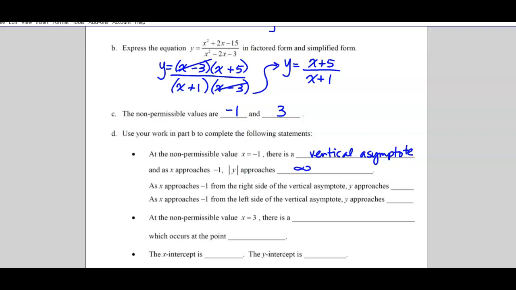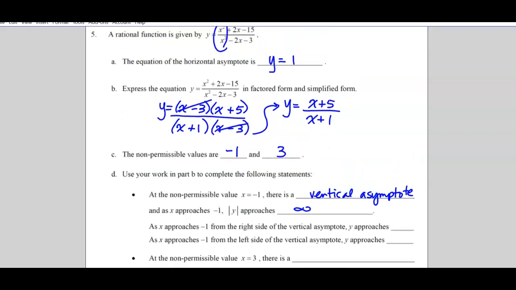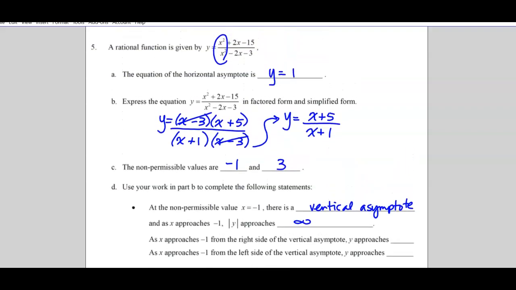Okay, listen please. Think about it. If you have a graph, you can look at it, but we don't have the graph. So we're approaching -1 from the right side of the vertical asymptote.